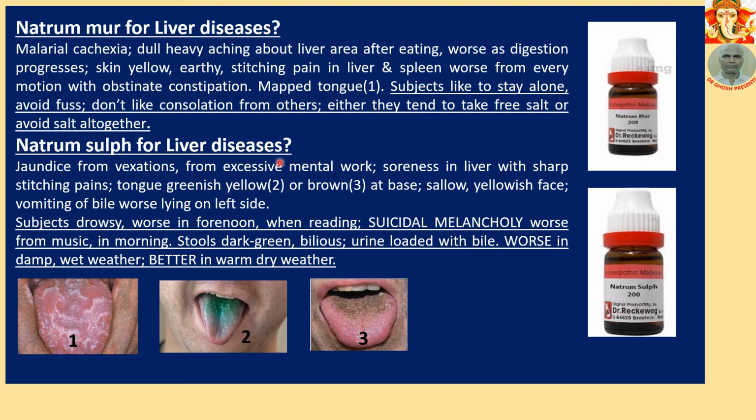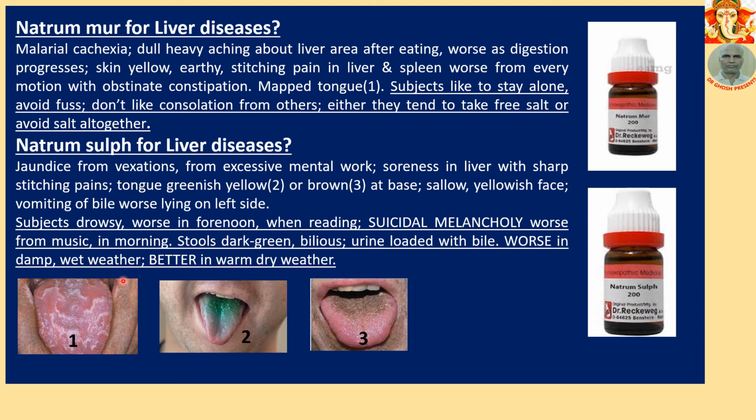Natrum sulphuricum for liver disease. Jaundice from vexations, from excessive mental work. Soreness in liver with sharp stitching pain. Tongue greenish yellow or brown. At base, shallow, yellowish fur. Vomiting of bile, worse lying on left side.